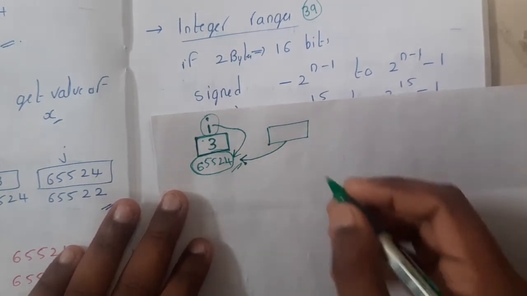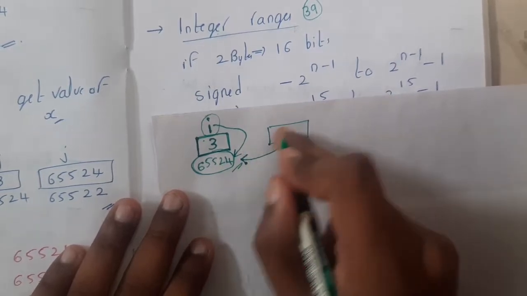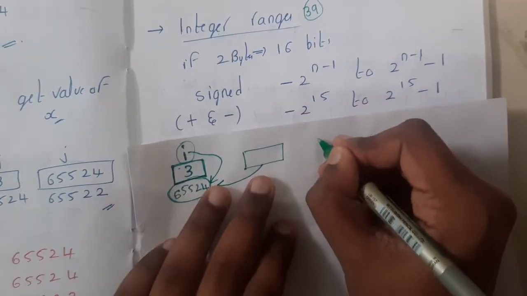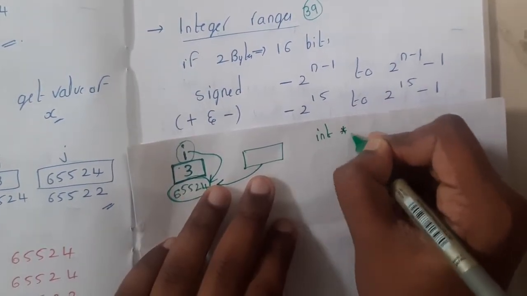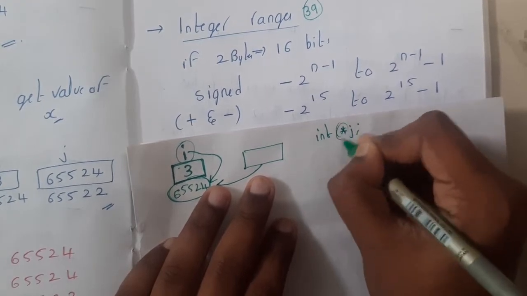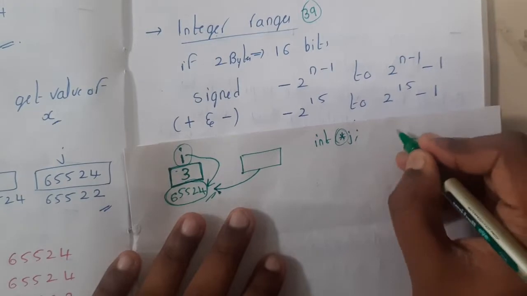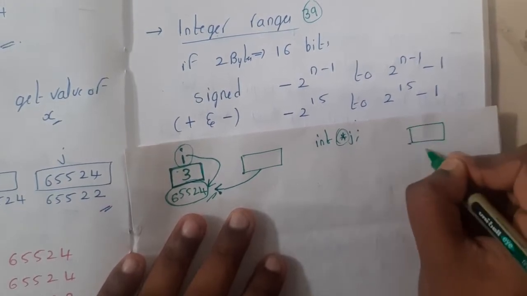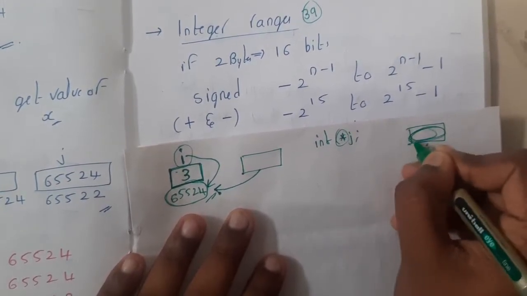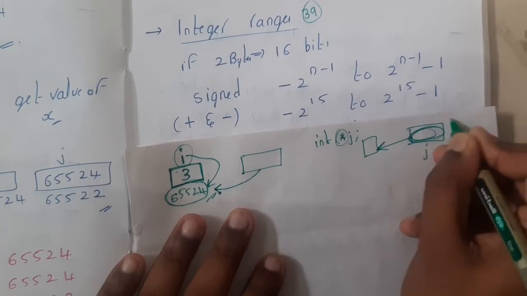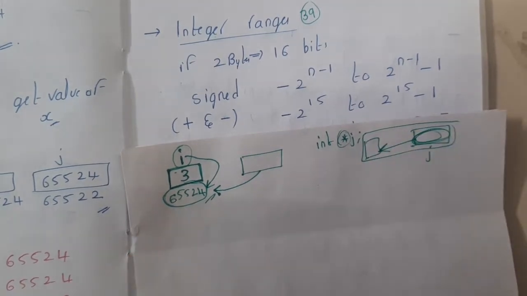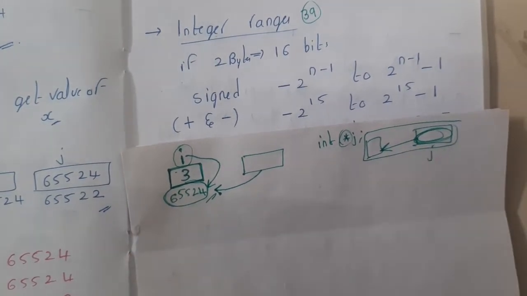So if you are accessing a value, a pointer will be in this way: int star j. Pointers you create with the help of this star, guys. What this star indicates is that this j variable will store the address of some other variable. This concept of storing some other variable's address is the concept of pointer.